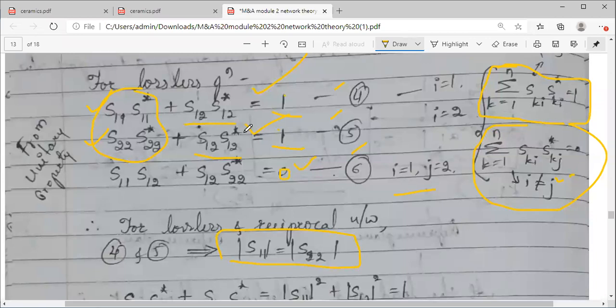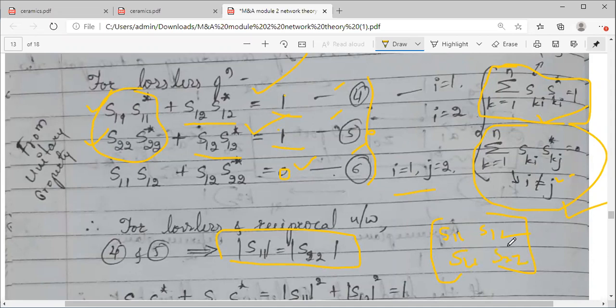Hope you understood this. And there's one more thing. When you take the unitary property and zero property, more equations will come, right? But I have considered only 3 equations, you can see 4, 5 and 6. Normally there will be 4 unknowns in a two port network: parameters S11, S12, S21, S22.